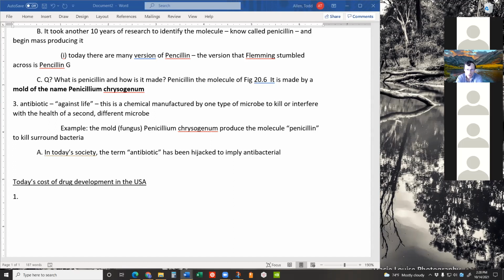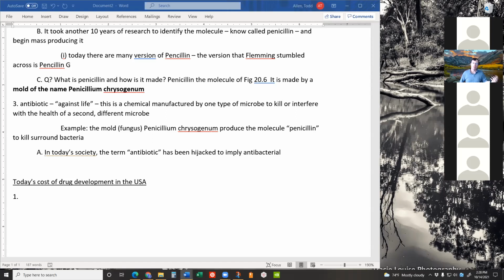Okay, and obviously I'm talking in generalities here. There are some drugs that got out there very quickly, maybe in 3 years, and then there are drugs that have taken a super ridiculous long time.